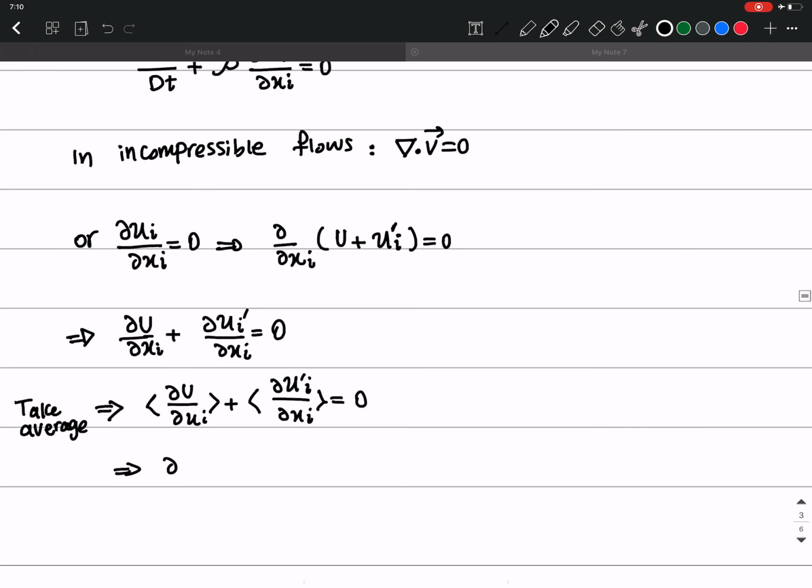So I have partial, the average of U over partial xi, plus partial u prime i over partial xi equals 0.